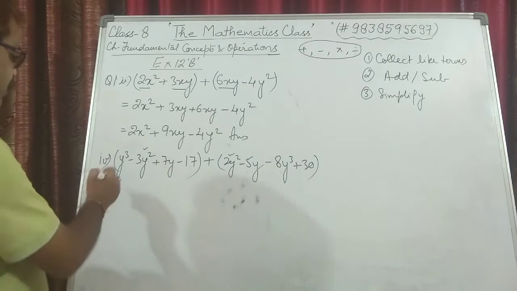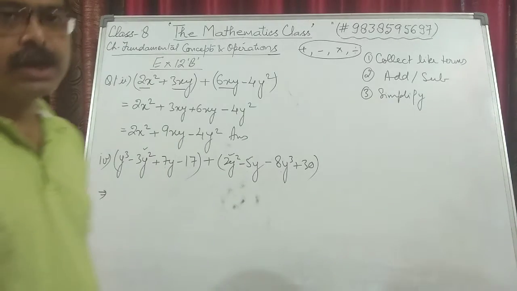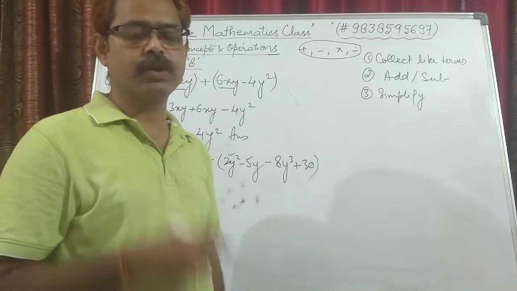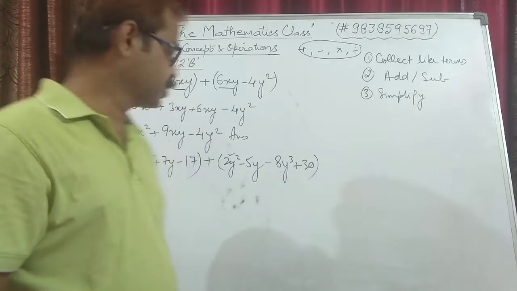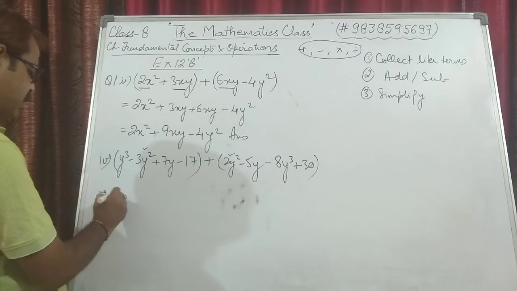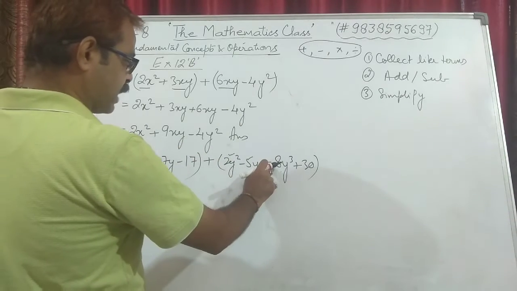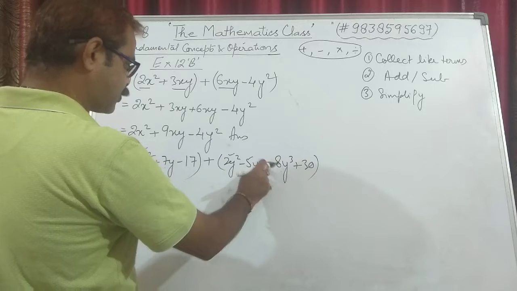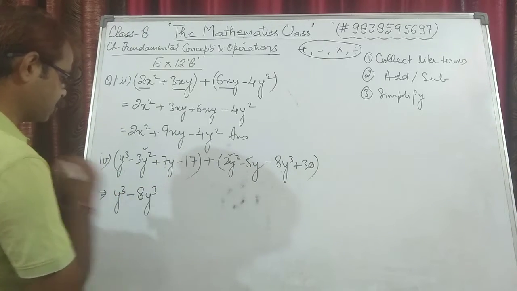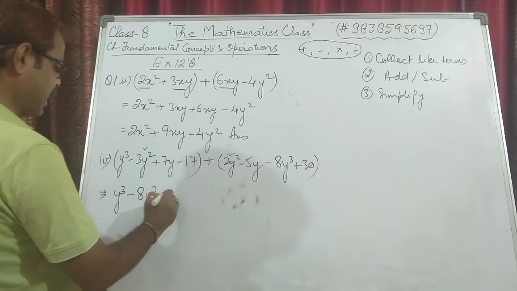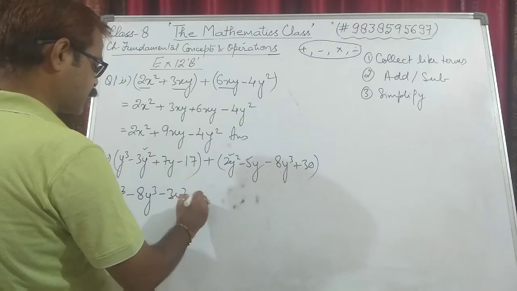We'll start with y cube because y cube is the highest power, and this is the way we write polynomials. Whenever we write a polynomial, we always write in descending powers of the variable. So first I take y cube, then minus 8y cube. Then minus 3y square and plus 2y square.